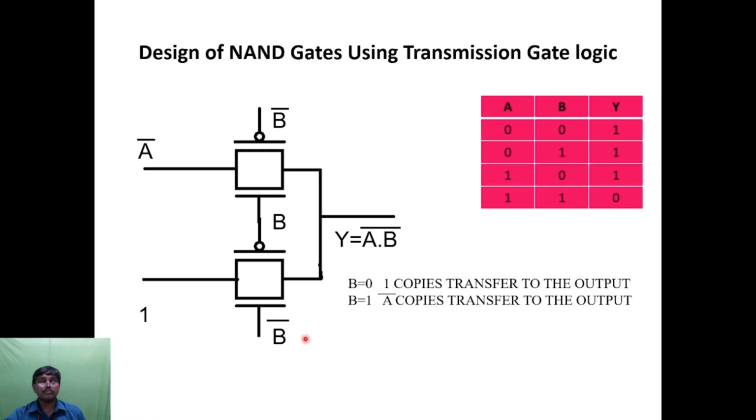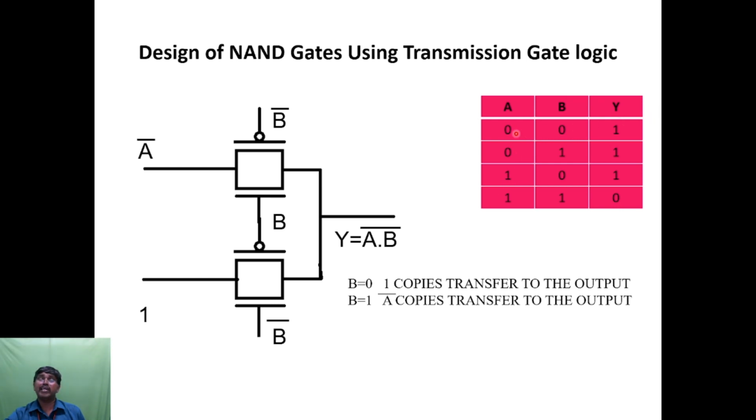Now, if any one of the inputs is low, the output will be low. Now see how I have to design it. See the first case: B is the control input and A is the data input. When B is equal to 0 and the input A is equal to 0, output will be 0. In another case, B is equal to 0 and the data input is 1, output will be 0. So irrespective of the data input, the output will be the same.